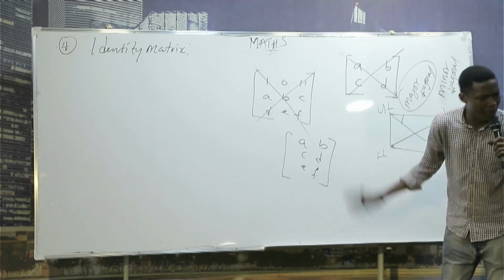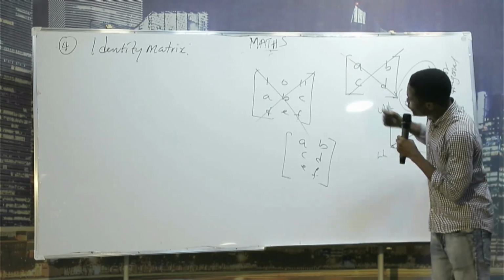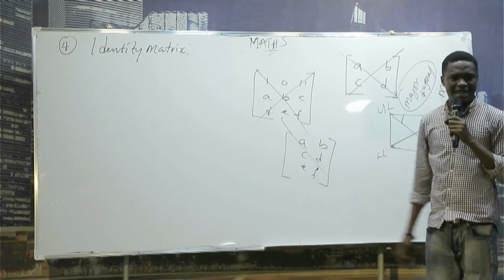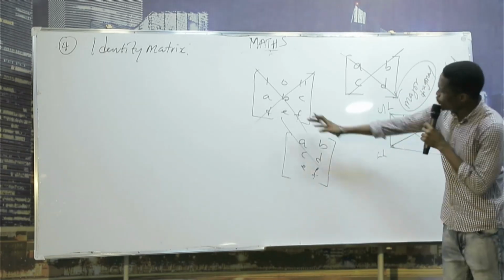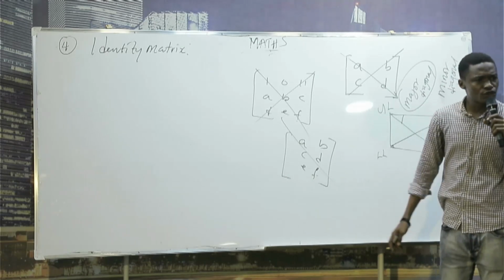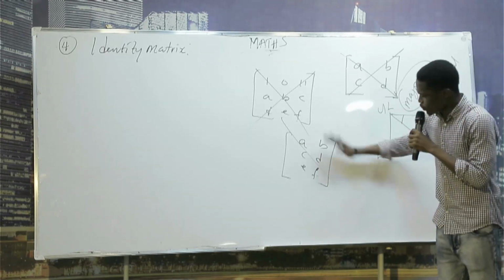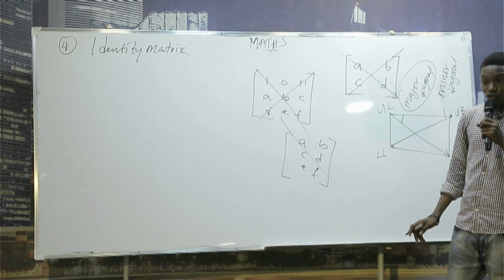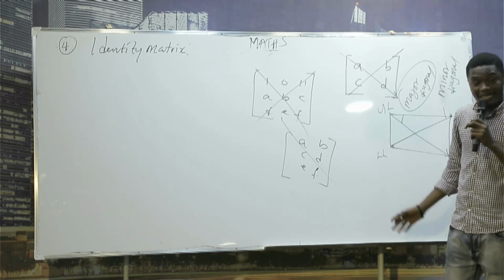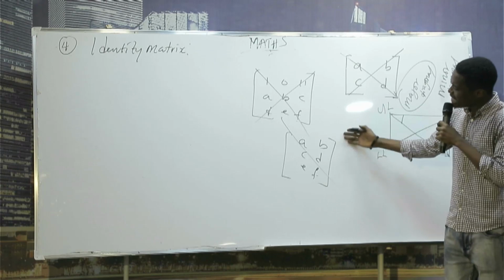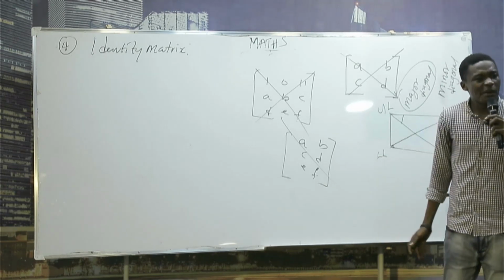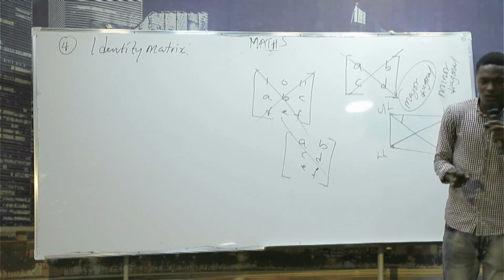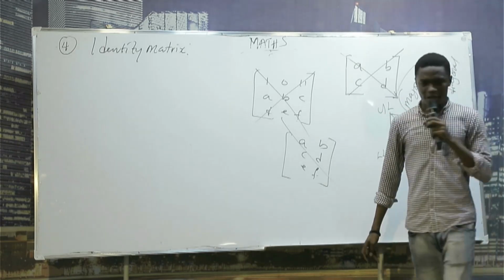It is not a square matrix. If you go and draw it, somebody will be out of that line. What is the order of this matrix, class? 3 by 2. Good. So in this type of matrix, which is not a square matrix, you cannot talk about minor or major diagonal.